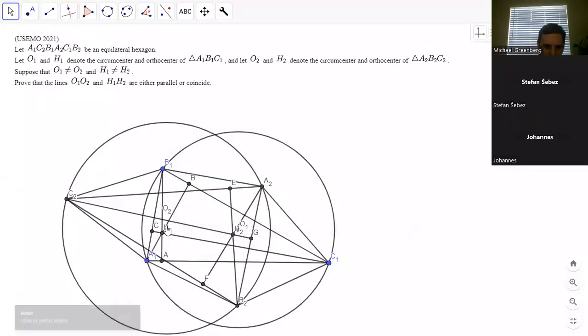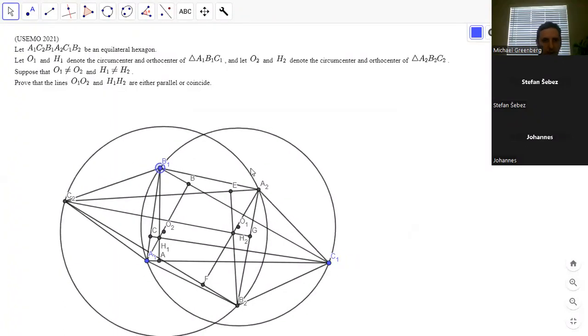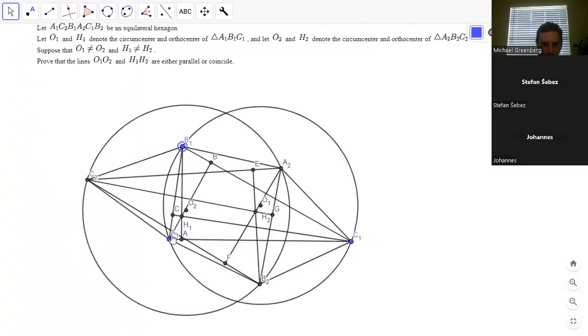And we want to show O1, O2, and H1, H2 are either parallel or coincide. So yeah, this is an interesting shape.